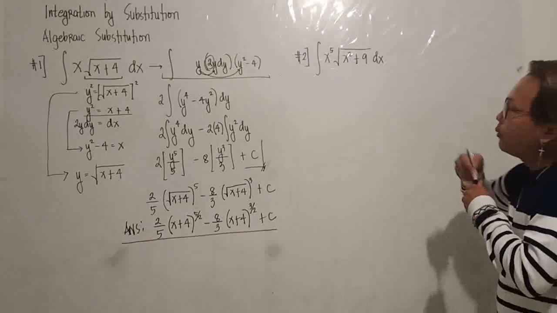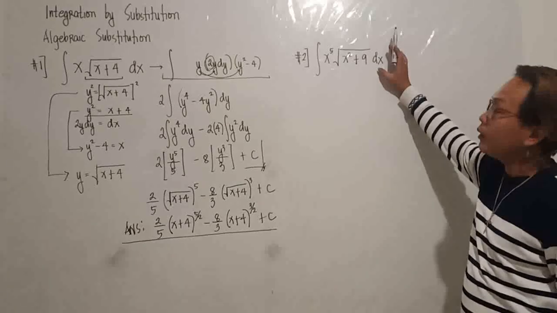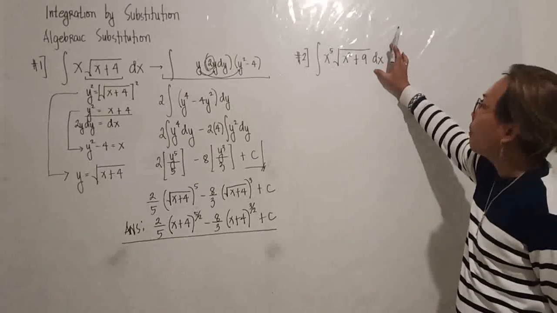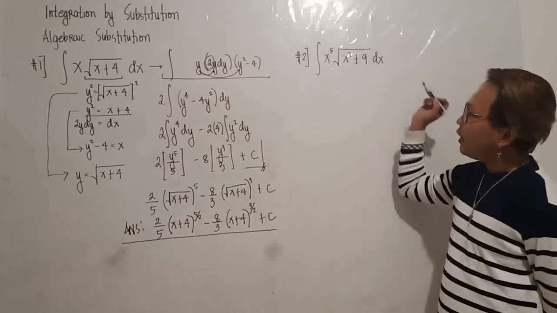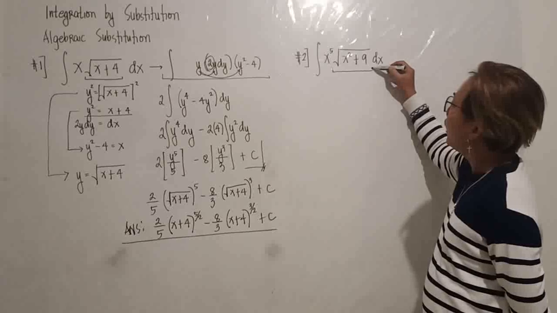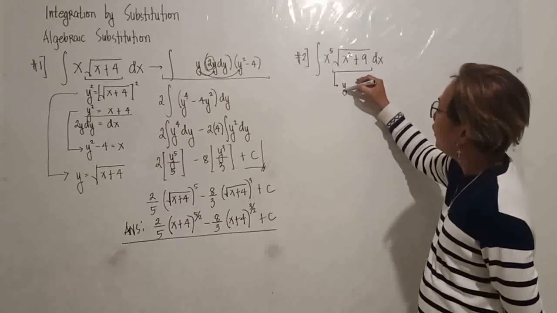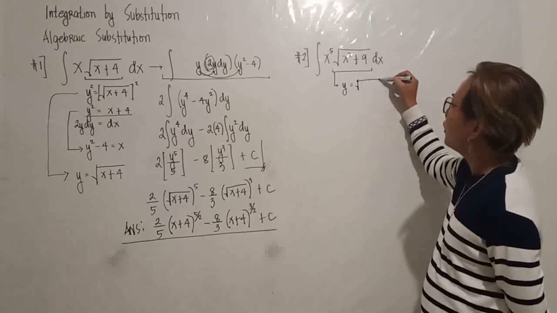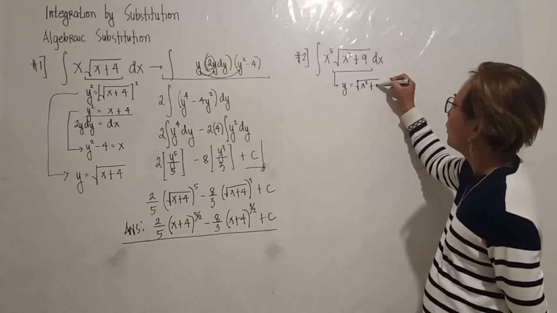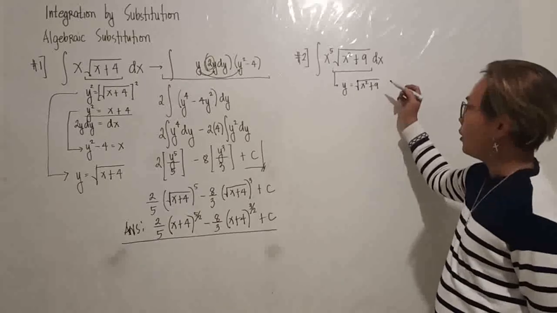Okay, next example is the integral of x raised to 5, then the square root of x squared plus 9 dx. A while ago, ang sabi ko is the target ay mawala yung square root. So this will be y equals the square root of x squared plus 9. So para mawala si square root, you have to square both sides.